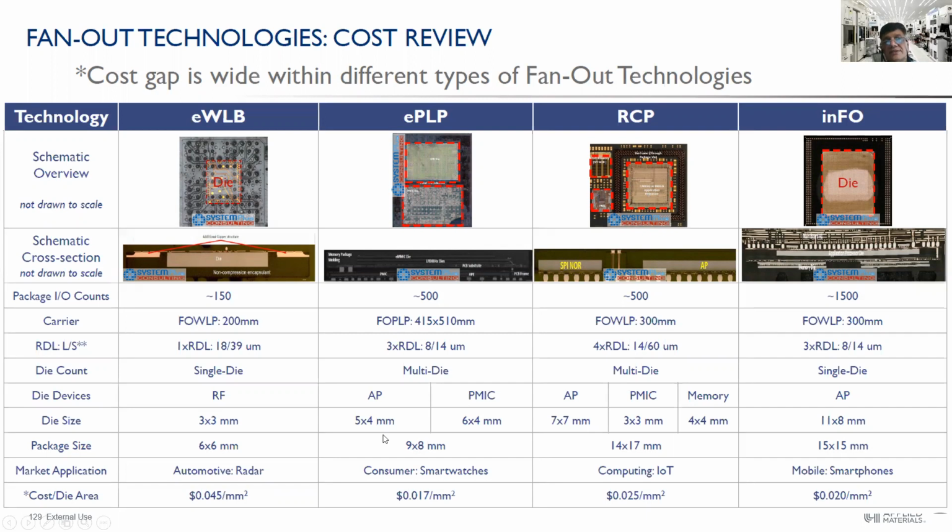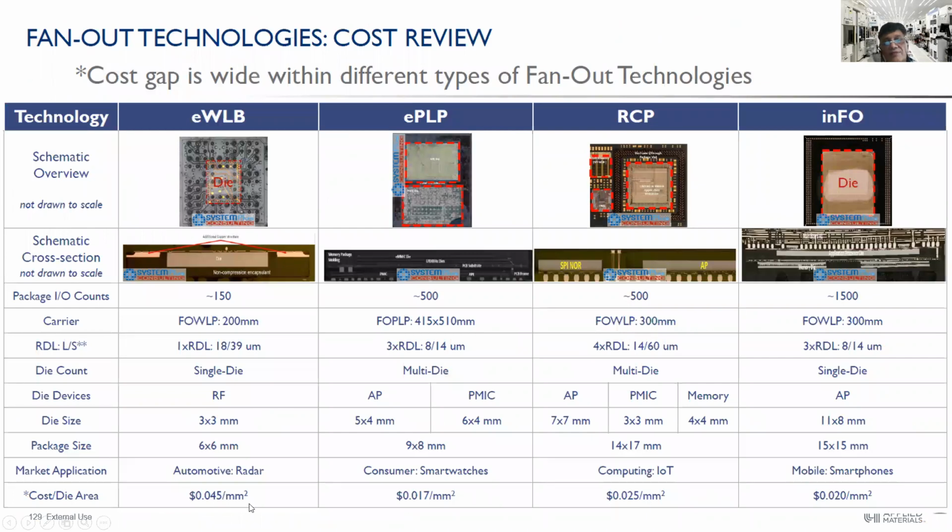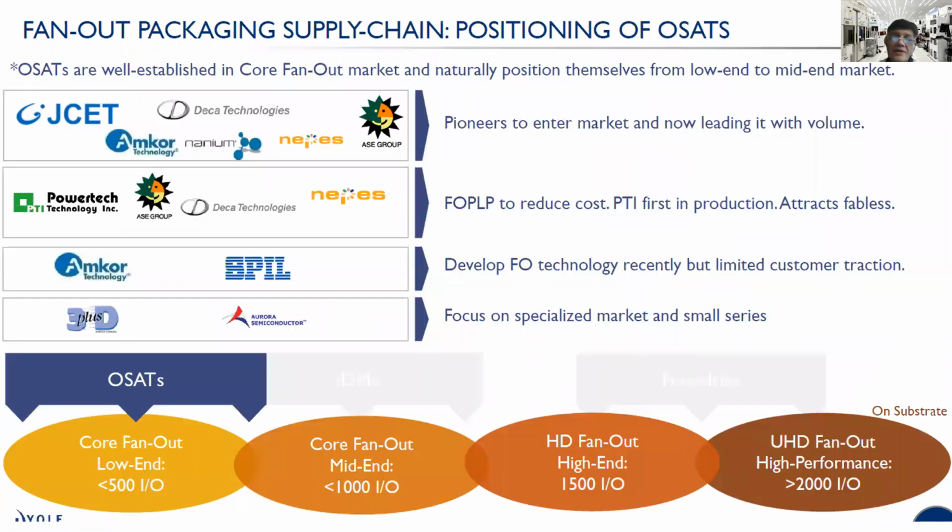Different companies, different names, but basically fan-out chips, and the cost structure is really coming down, cost per die area, and that is the key driver for ATMP. Lower cost of the interconnection, get more interconnections. That is where the fan-out, that's where the OSATs and the industry is going.